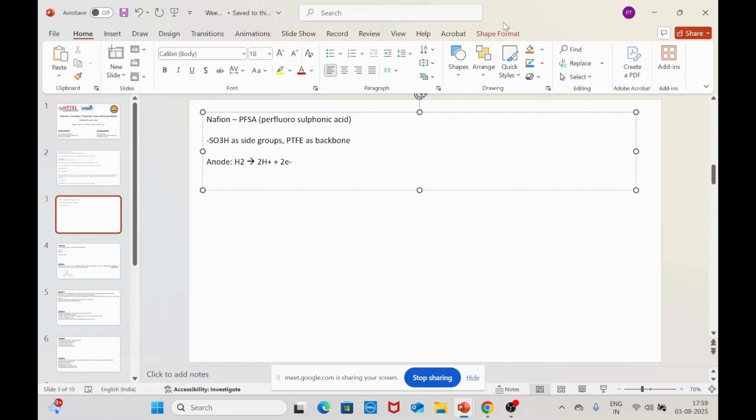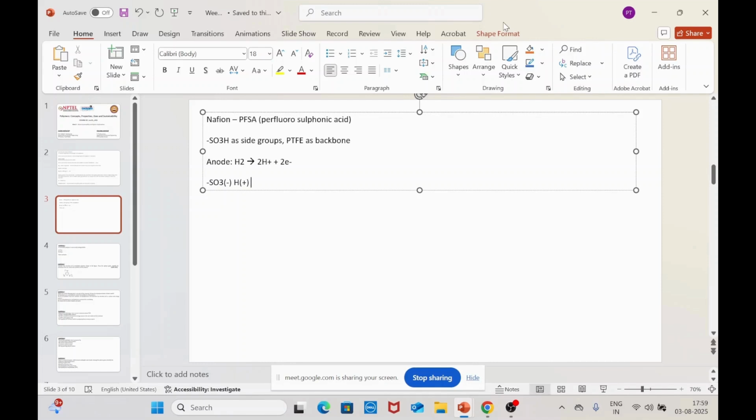Over there, this SO3H group is actually in the form of SO3 minus and H plus.